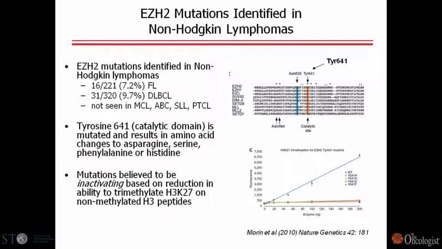And in vitro, when they made the polycomb repressor 2 complex with the mutant EZH2, they found that there was no catalytic activity while there was a robust activity for the wild-type enzyme, and they concluded that these mutants were loss-of-function mutations.